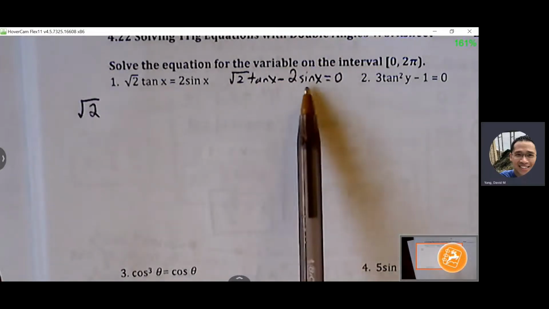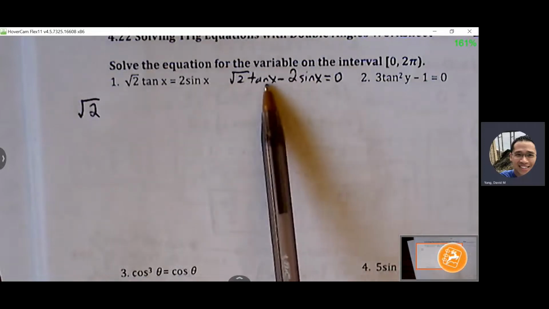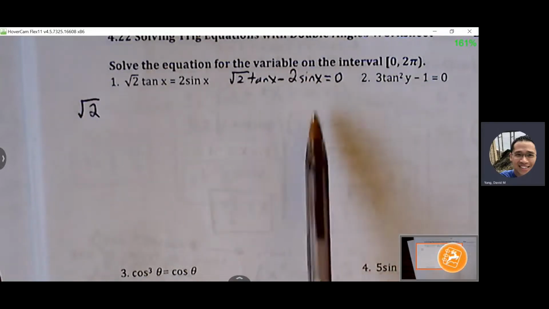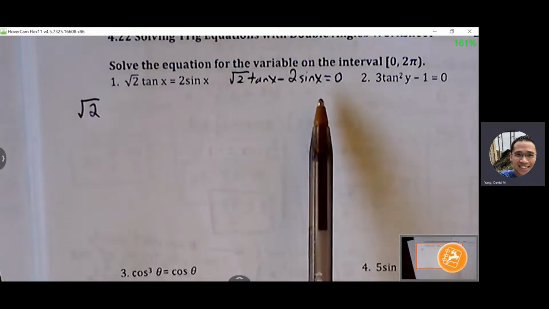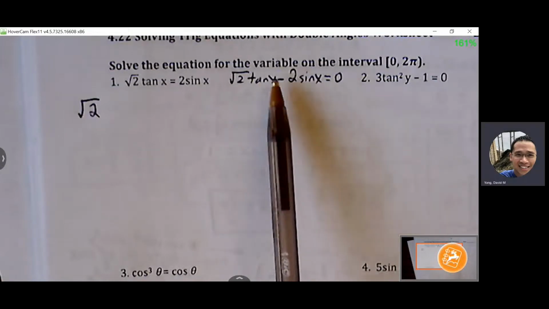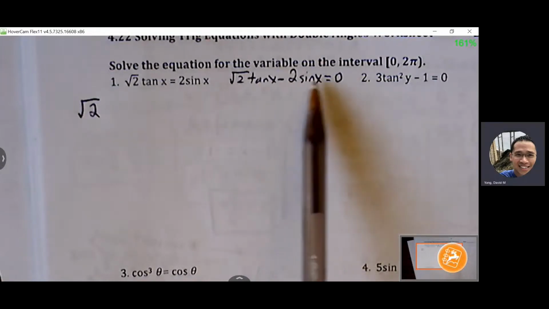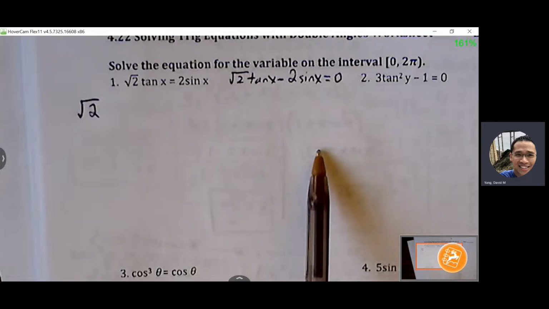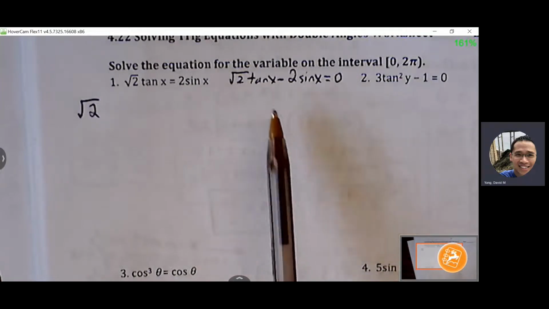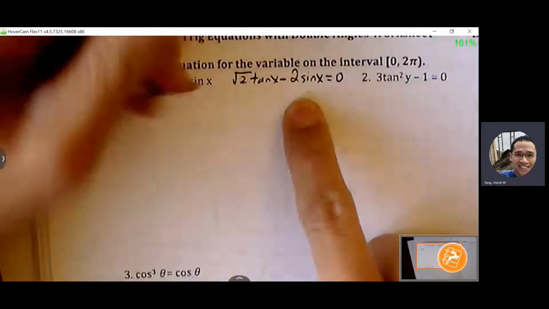Right now, as it stands, it looks like there's no GCF that we can factor out, but maybe we can do a little bit of rewrite. What can we do with one of these to make these look more similar to each other? Yeah, let's get that tangent to show sine over cosine.